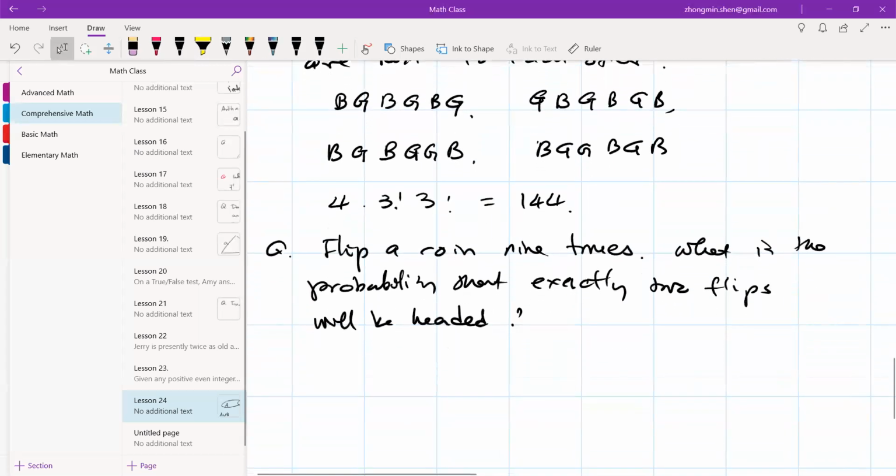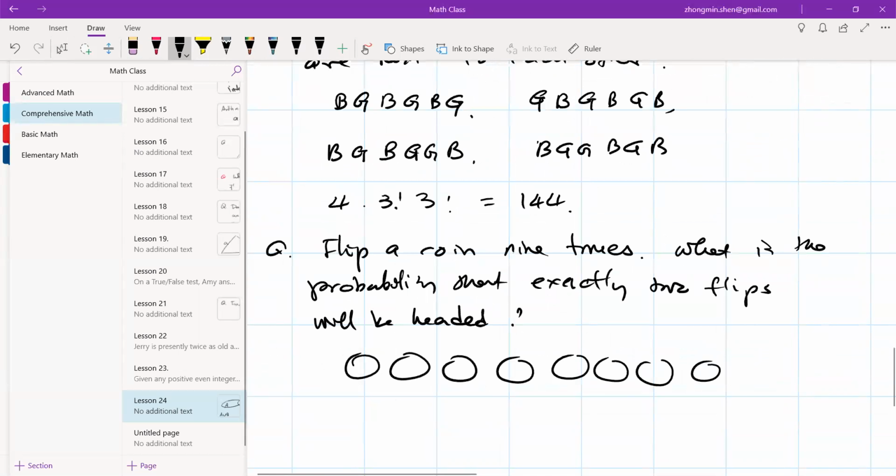All right, 9 times, right? Every time you record it, either tail or head. But what is the probability that you are going to get exactly 2 heads? No more than 2 heads, not less than 2.